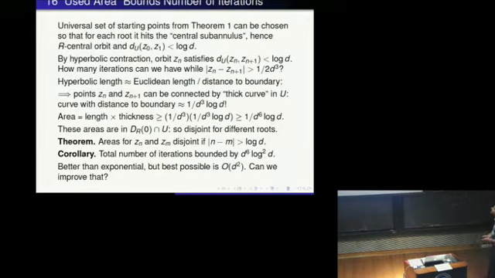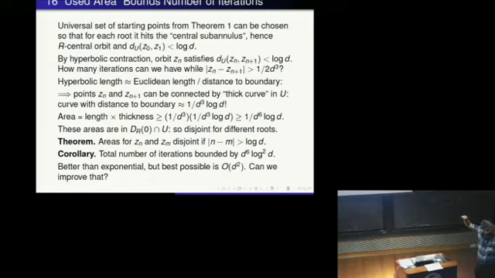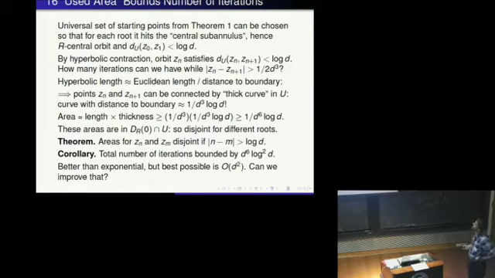So now I want to talk about using up area within this big disk of radius r. So we have starting points from our universal set, which are in the middle of the central subannulus, so that the hyperbolic distance is at most log d up to factors, and the Euclidean distance is at most 1 over 2d cubed.